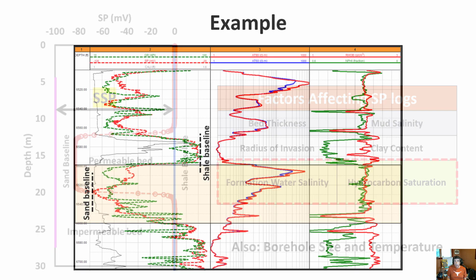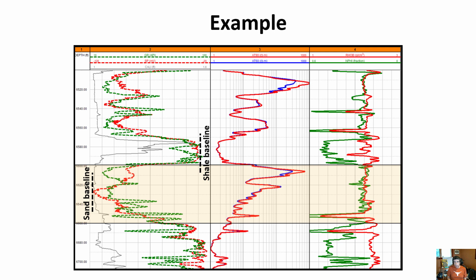As an example, here's one of the examples that we talked about before, where we have a bed that is partially hydrocarbon saturated at the top and water at the bottom. We also see that the bed has intralayers of shale that place restrictions on where to locate the baseline.